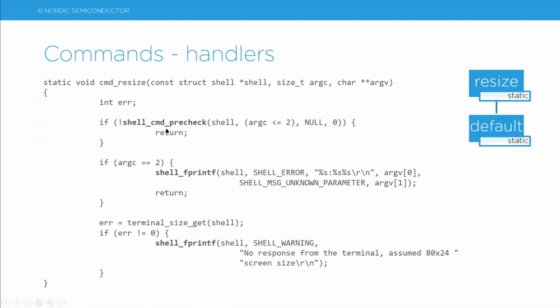So here are some useful subcommands which you should put in each handler. This condition, shell command precheck, is checking whether the arguments passed to the command are correct, and it's also printing help if this is expected. It's also checking if there are any options.